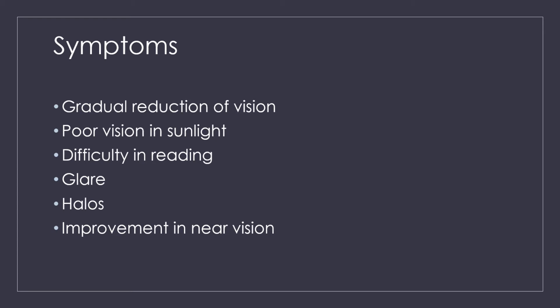This nuclear sclerosis causes myopia, and the patients who are old, who have lost their accommodation, now begin to see much better near things. So there is improvement of near vision in nuclear sclerosis.